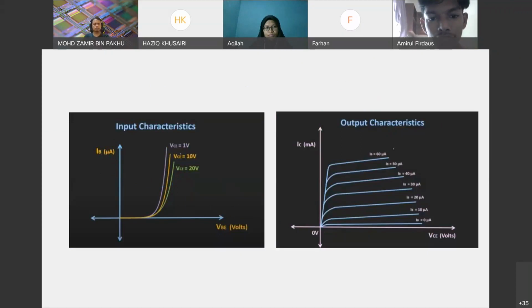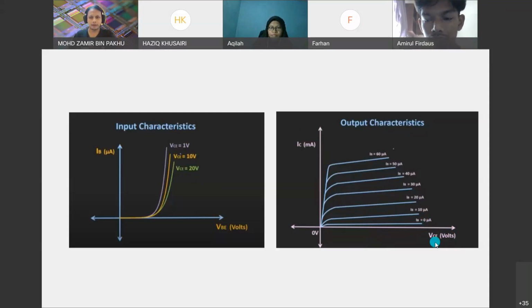When we increase the VBE, we also increase the VCB and VCE. So when we increase the voltage in the VCE region, I think it will supply the electrons needed to make them the majority charge carriers. All right, thank you.